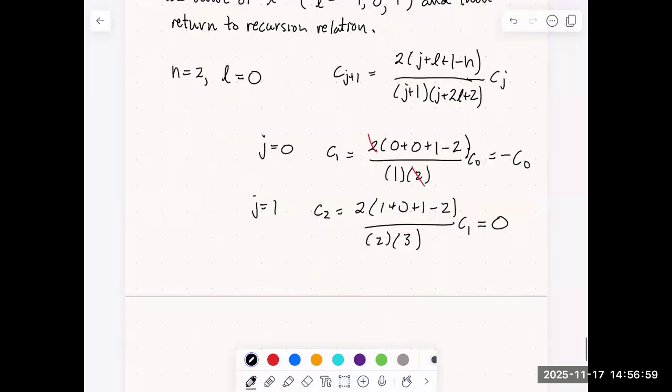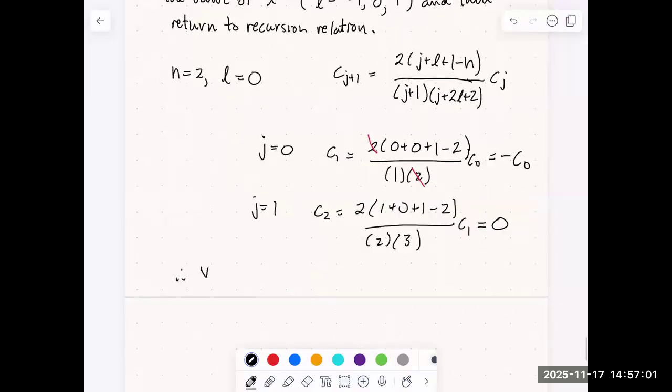And that means that our V power series is going to be C0 plus C1 times rho, but C1 is minus C0. So we get a minus C0 times rho, which is C0 times 1 minus rho.